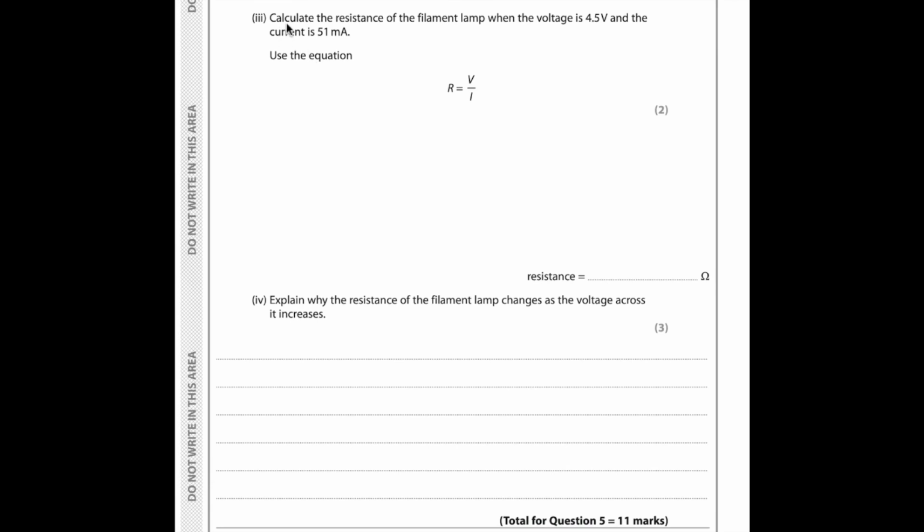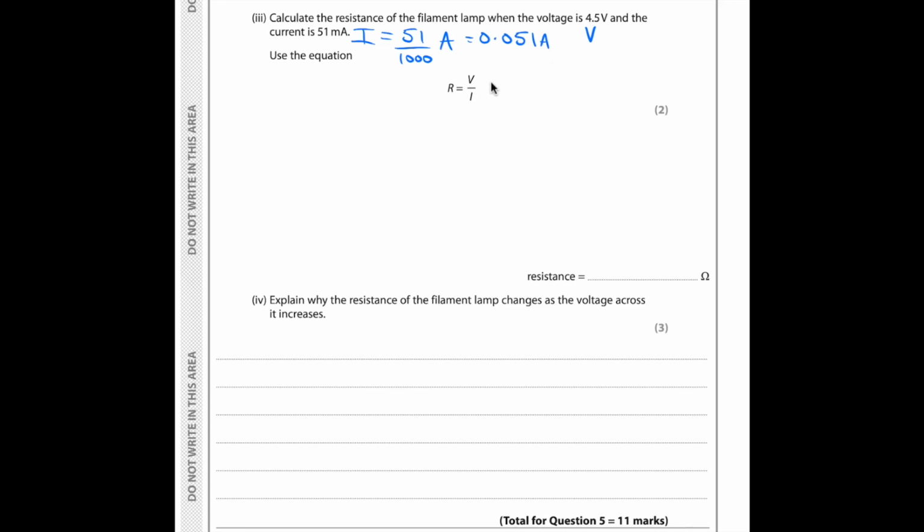Part 3. Calculate the resistance of the filament lamp when the voltage is 4.5 volts, that's our voltage, and the current is 51 milliamps. Right, we're going to have to convert milliamps into amps. So do 51 divided by 1,000 and that'll tell us how many amps there are. So that'll be 0.051 amps.